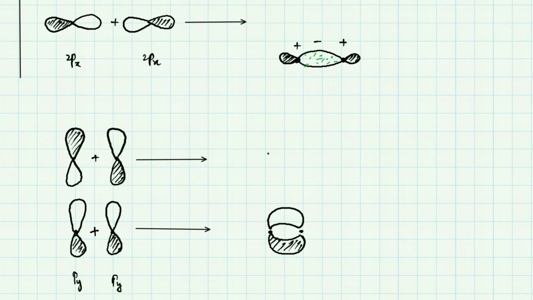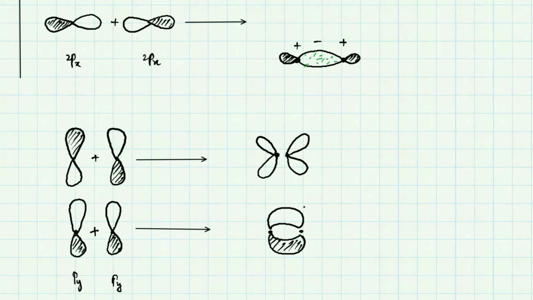And here, because these are out of phase, there will be no combination; rather the electron densities will be moving away from each other, and the result will be almost no electron density between the two combining nuclei.